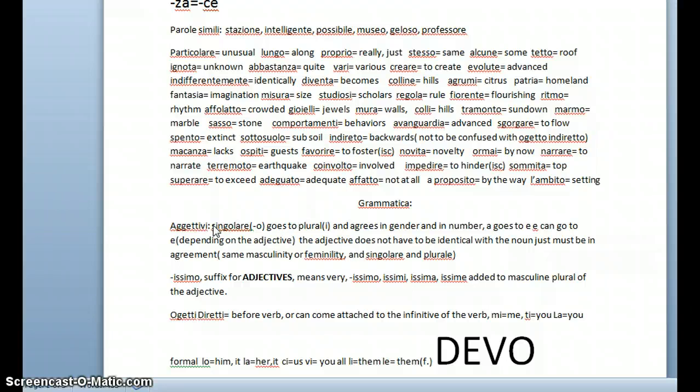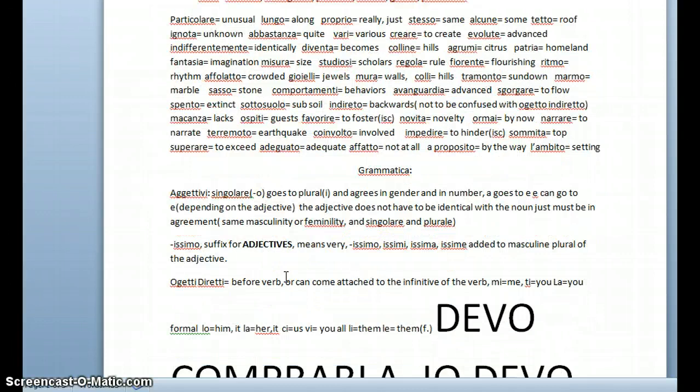Now, this is generally a suffix, issimo. If I say bellissimo, it's for adjectives though. So bellissimo, very beautiful. So it always will be added to the masculine plural of the adjective.